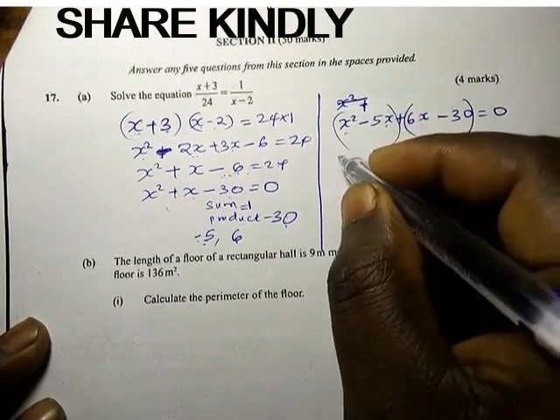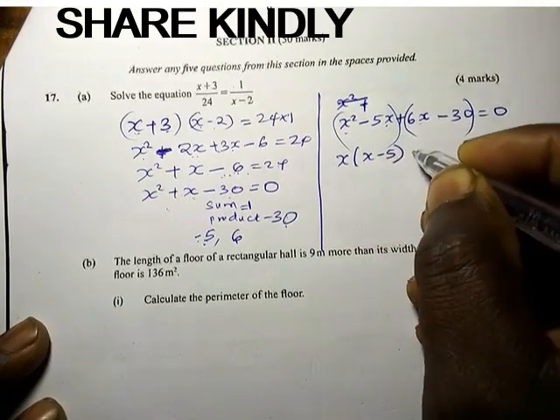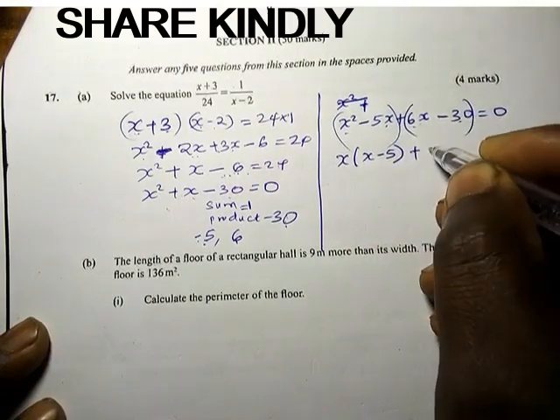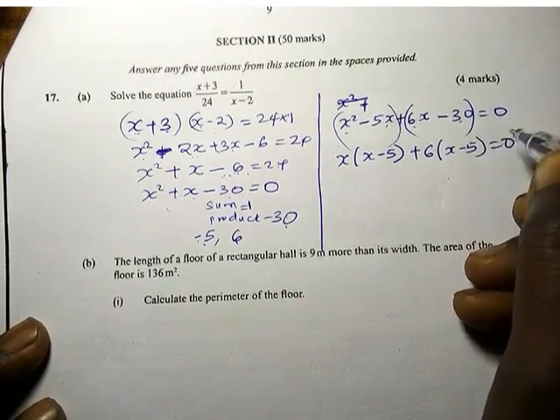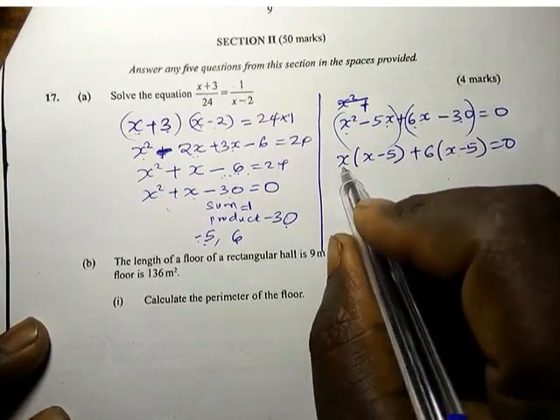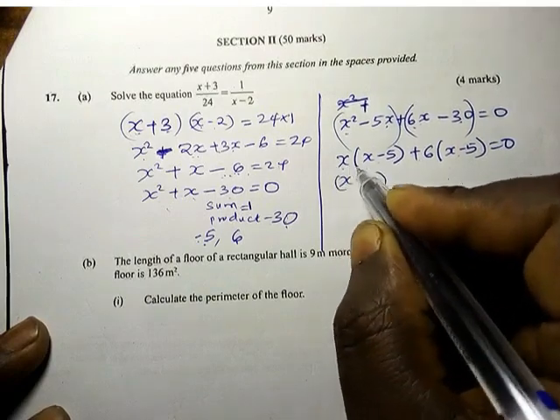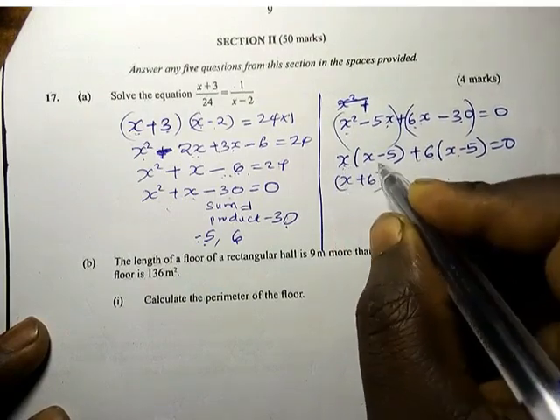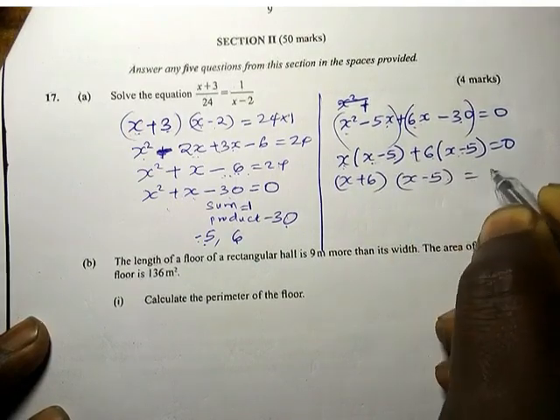The common factor here is x into x minus 5, plus the common factor here is 6 into x minus 5, equal to 0. Ukiangalia hii na hii zinafanana, you pick one, and then x plus 6. So x plus 6, and then pick one of this, which is x minus 5. The answer is equal to 0.